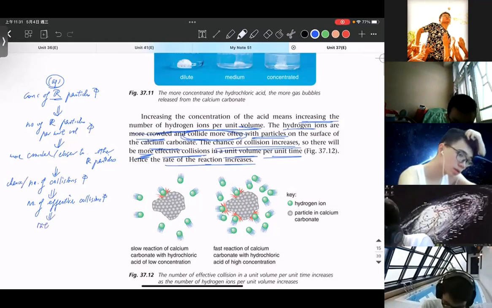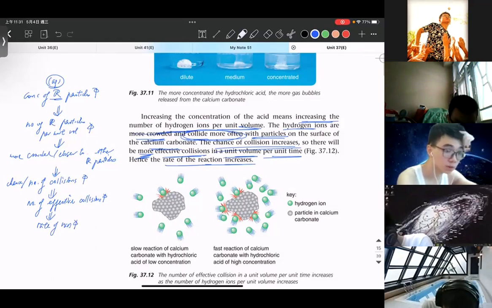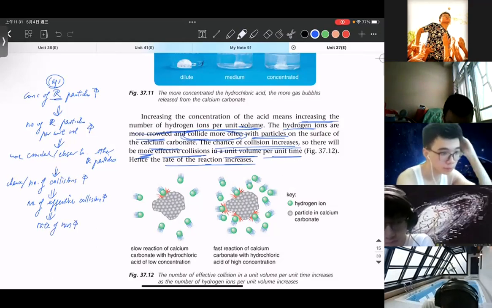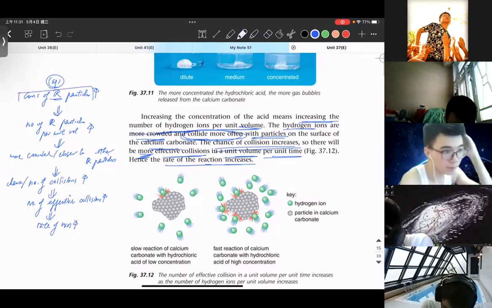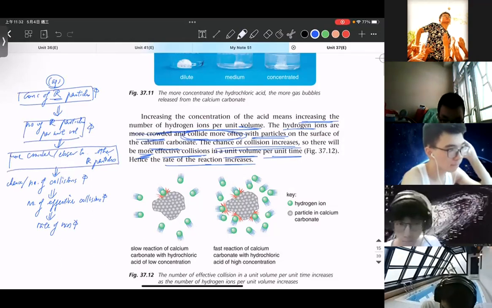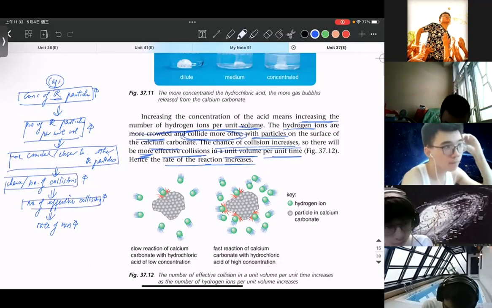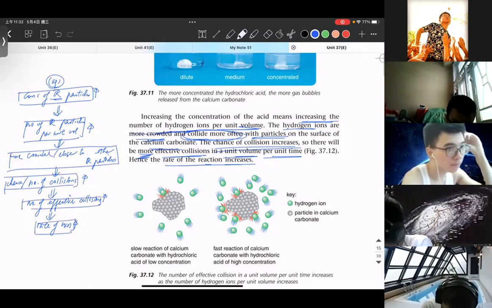So this will affect the rate of reaction, which increases. Do you understand? So this is our flow of answering the questions.